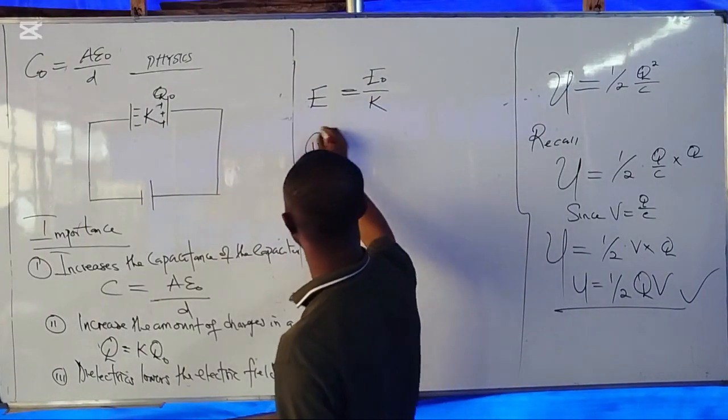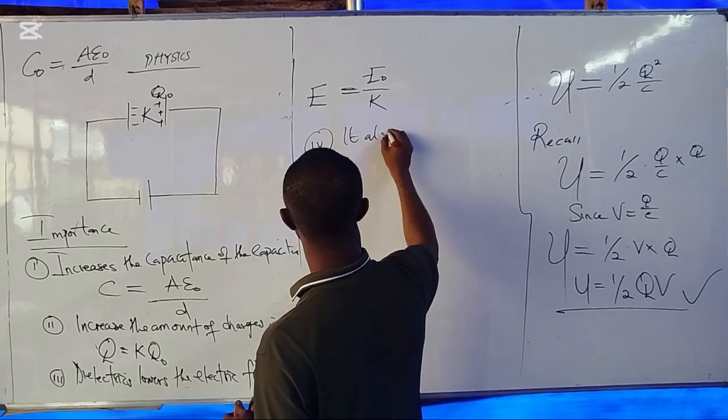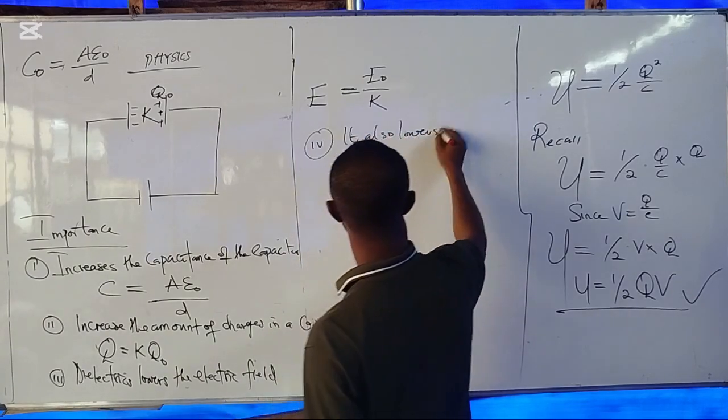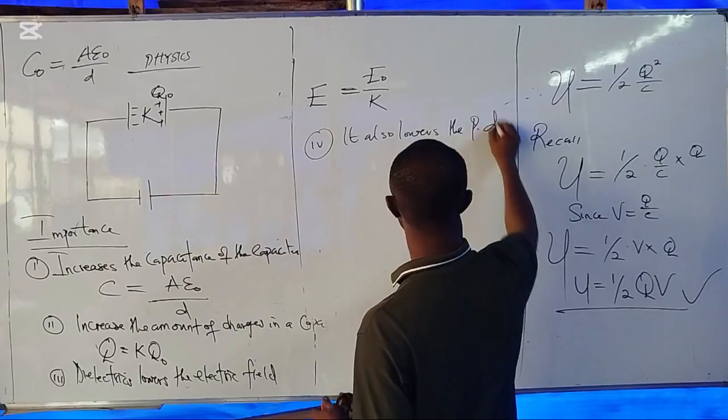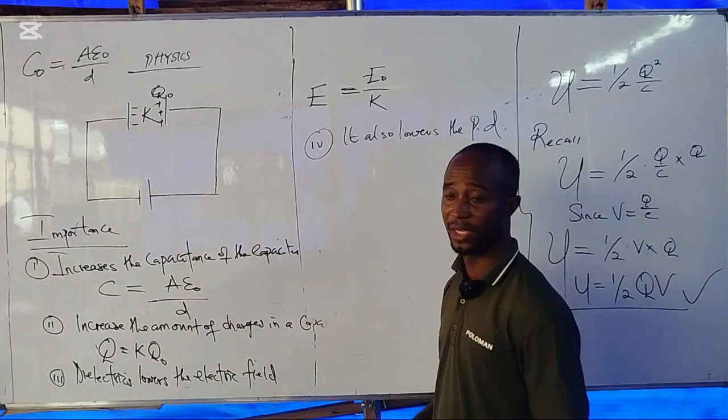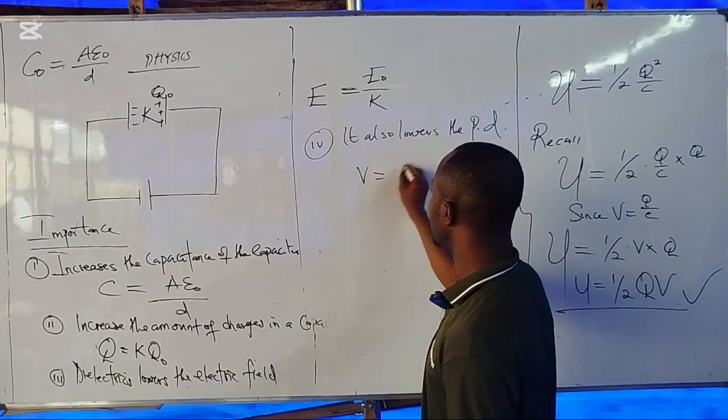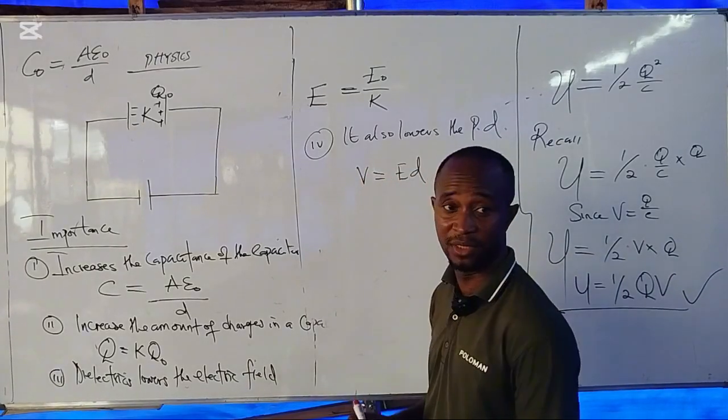Number 4, it also lowers the potential difference. Do you know why? Recall that V is equal to Ed.